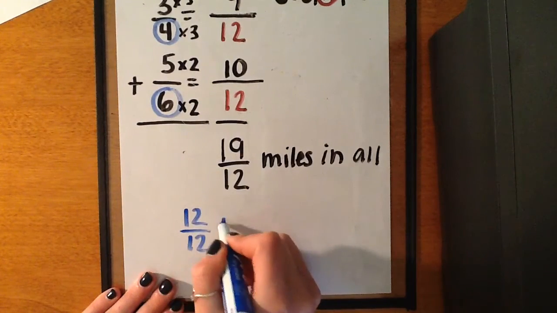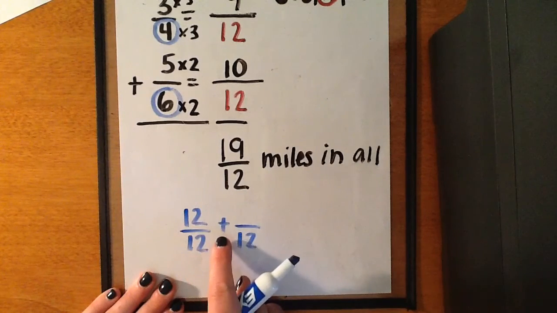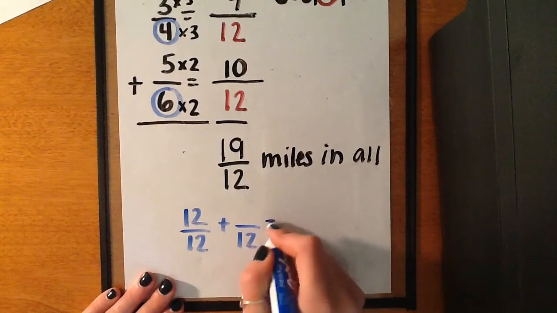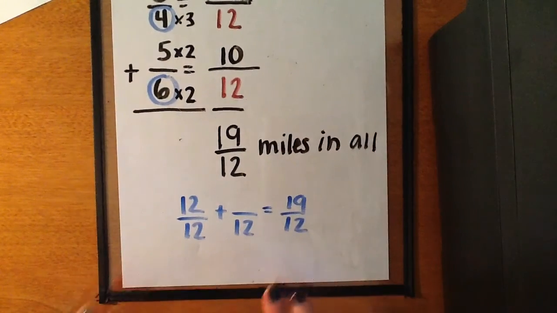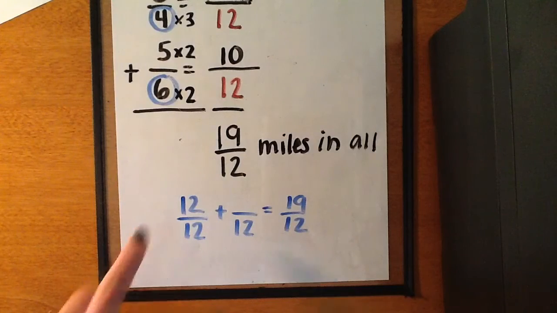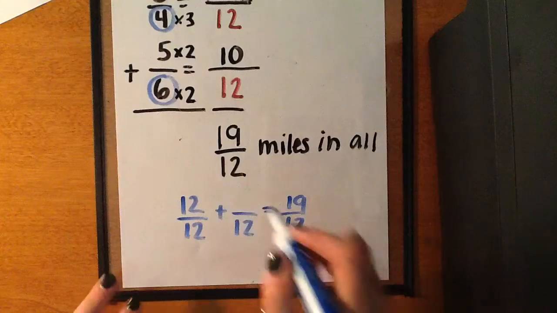Well, I know that 12/12 is a whole. So 12/12 plus blank 12ths is 19/12. Let's think. Well, how much more do I have to go from 12 to 19? 7.